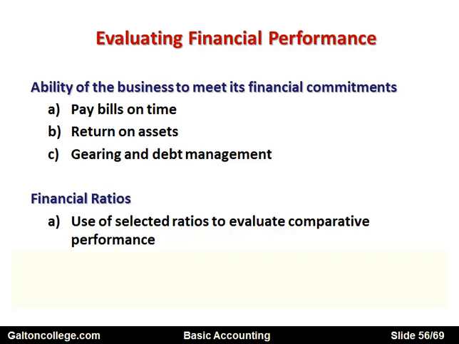Look at the return on the capital invested, or look at the ability of the business to pay its debts in the short run, the amount of revenue it has versus the amount of debt. So there are all sorts of ratios, and in fact that's the subject of a separate video on the course, and therefore I'm not going to look at this in any great detail here. But it is important to be aware of the importance of financial ratios, so it's important to go back and look at that class.